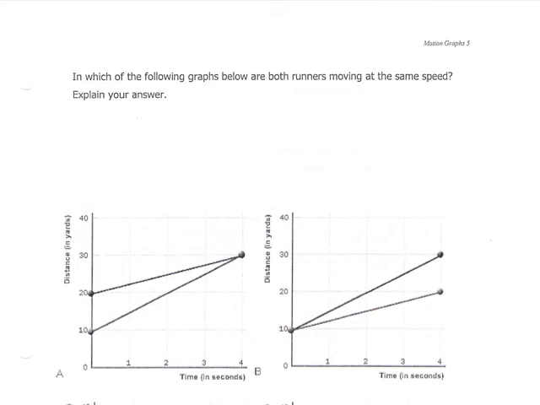So another set of practice. In which of the following graphs below are both runners moving at the same speed? So how on a distance time graph or an ST graph can you see speed? I hope you are saying slope. All right, so you want to look for the graphs that have the same slope.